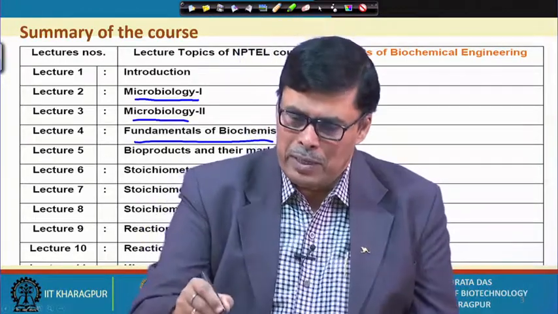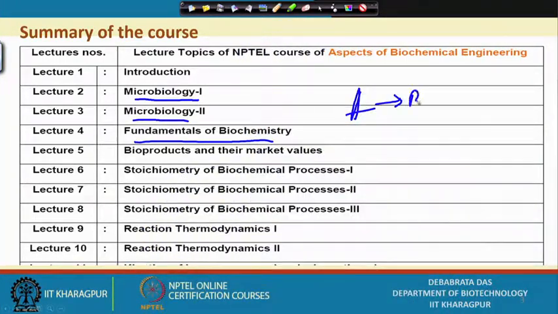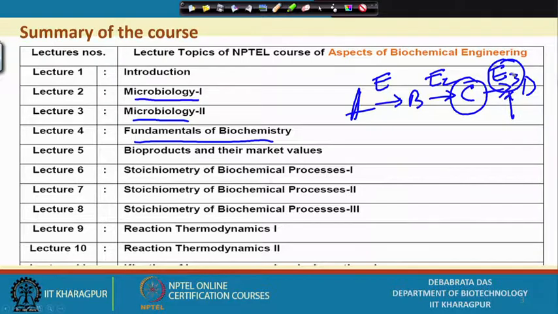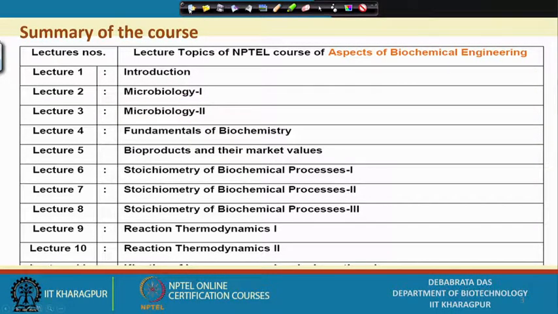I can give the example: suppose A to B, B to C, C to D. You are interested in the product C. The enzymes involved here are, suppose, E1, E2, and E3. So we shall have to put some kind of inhibitor here, so that the formation of D can be reduced, and more accumulation of C takes place in this process. So the biochemistry of the process is very important.